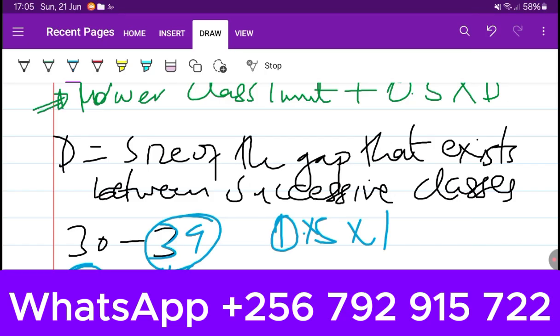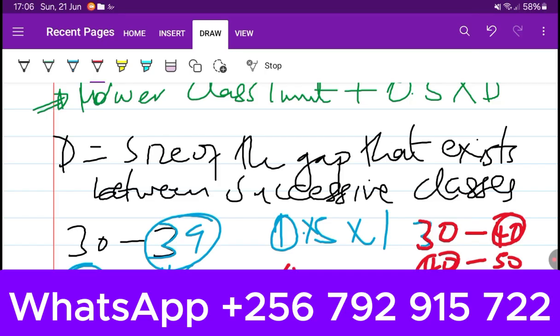If it is for exclusive classes, where these classes are actually not having any difference, maybe 30 to 40, then 40 to 50, you're seeing the difference between here is a 0, so it will be 0.5 times 0, which will give you 0.